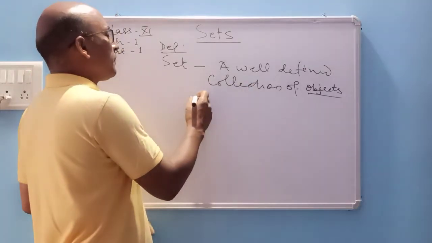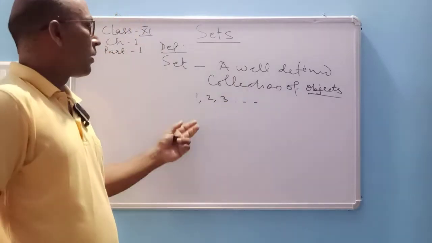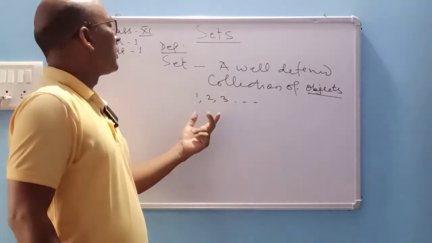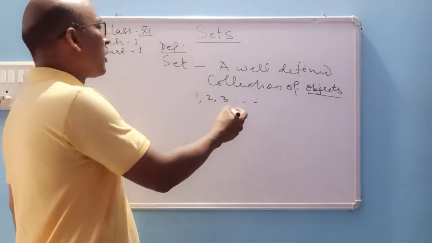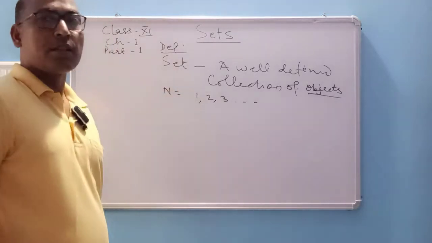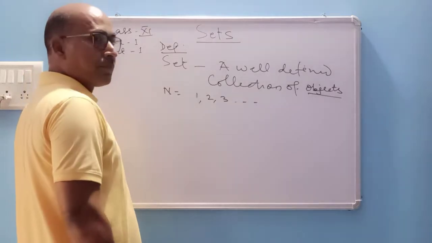For example, it may be numbers like 1, 2, 3. If it is the collection of numbers like 1, 2, 3, then it is called the well-known set, the set of natural numbers N.